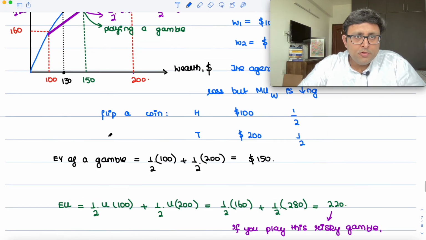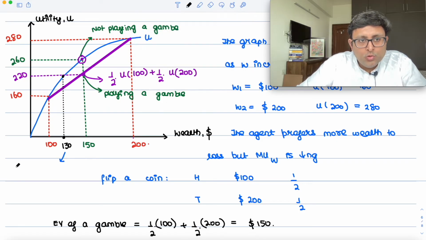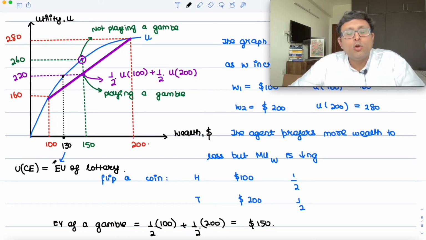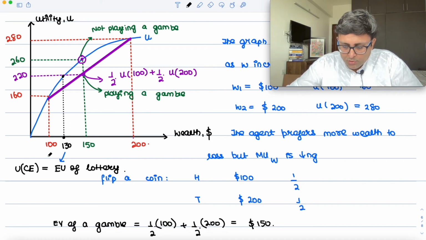So what you are trying to say is that at this particular point, the utility which you get from the certainty equivalence is equal to the expected utility of the lottery. This is equal to the expected utility of the lottery. I hope you understood this better.